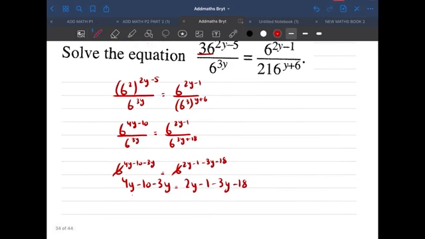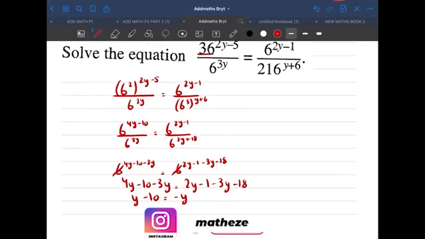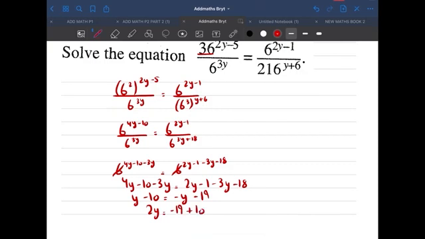If I solve this further, y minus 10 is equal to minus y minus 19, right guys? If I shift this y here, it's going to become 2y is equal to minus 19 plus 10. So 2y is equal to minus 9. Y is minus 9 upon 2. Y is equal to minus 4.5.